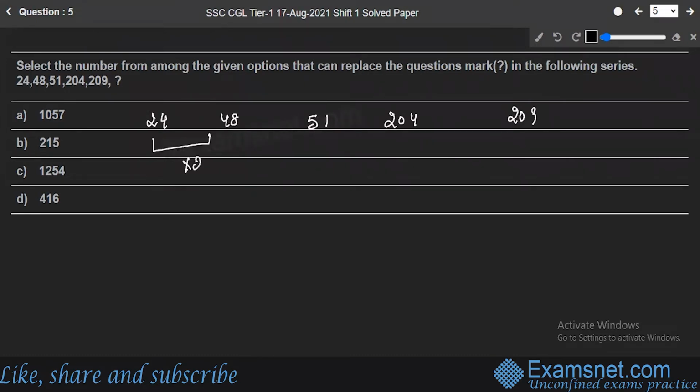In these, of course, 24 multiplied by 2 gives you 48. To 48, if I add 3, I get 51. Again, I multiply 51 by 4, which gives you 204. If I add 5 to it, I get 209. So I think you are sure. Yes. Now we'll multiply by 6.